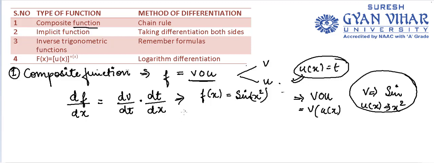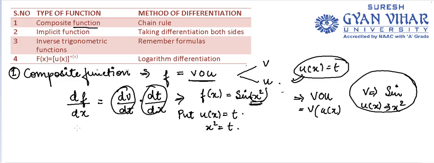Now what we do is we put u of x as t. So u of x is x square, so we'll put x square as t. Now what we have to find is dv by dt and dt by dx.